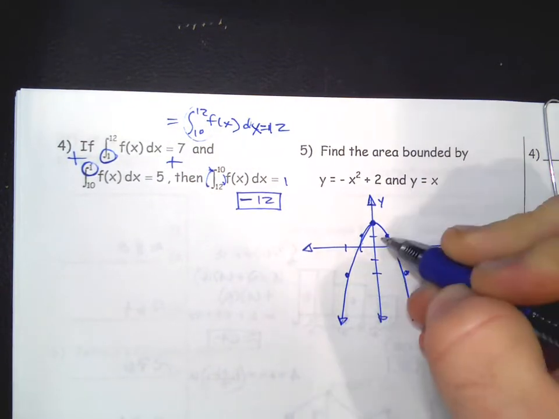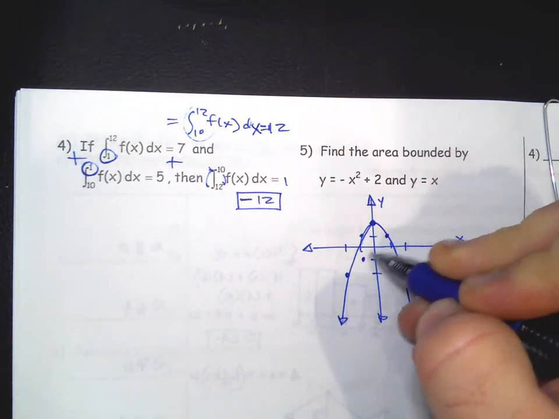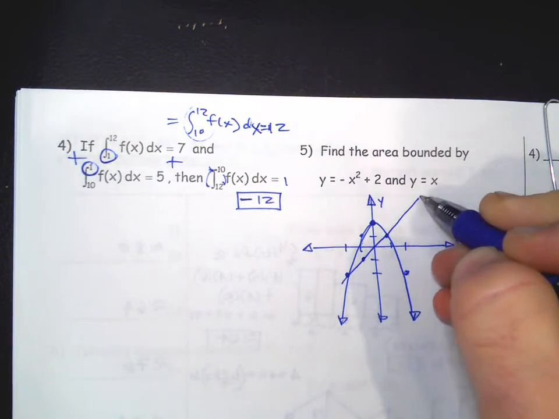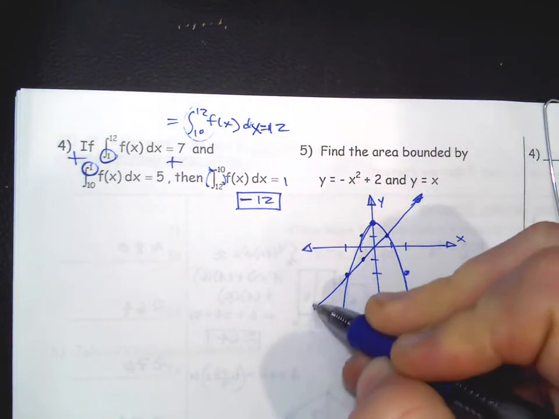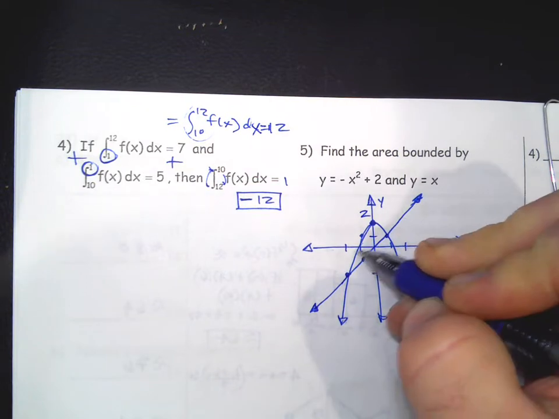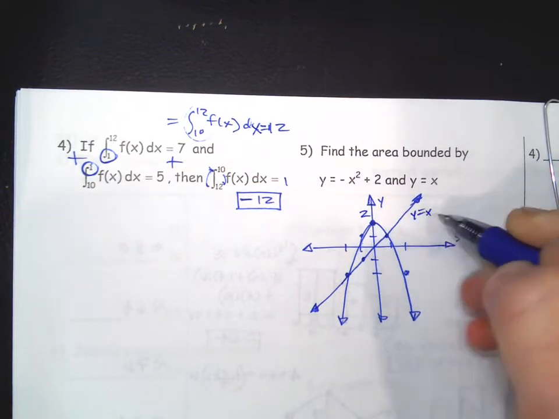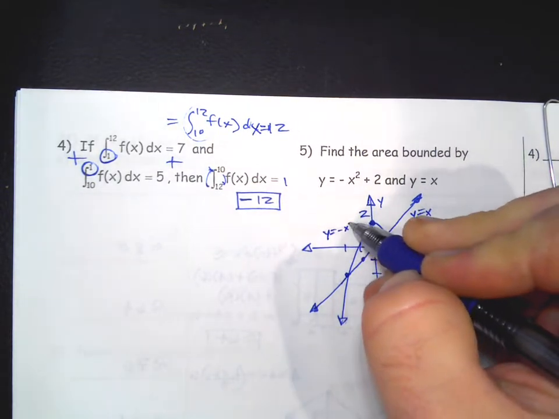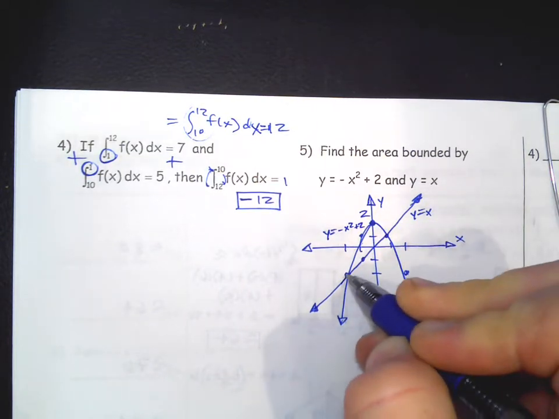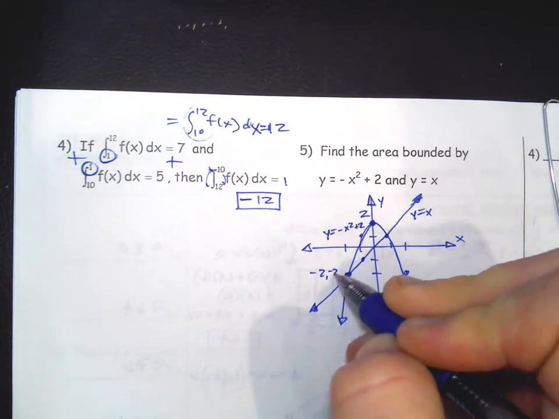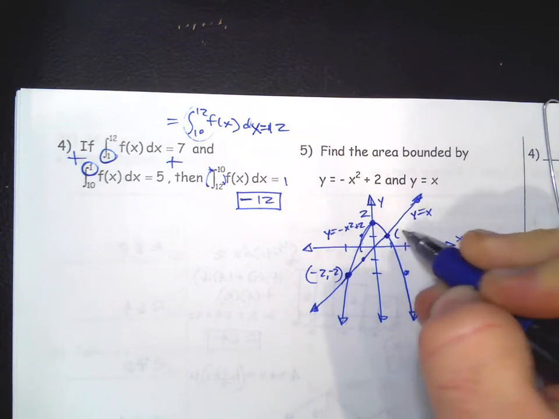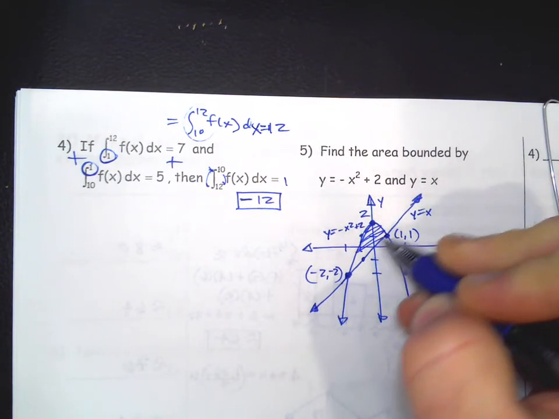And then y equals x is that line. It looks like they intersect at nice points. So it looks like -2, -2. You could use a graphing calculator to confirm this. And 1, 1. We're trying to find the area in between them.